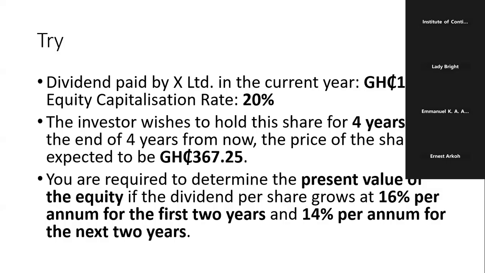At the end of 4 years from now, the price of the share is expected to be 367.25. You are required to determine the present value of the equity if the dividend per share grows at 16% per year for the first 2 years and then 14% per annum for the next 2 years.